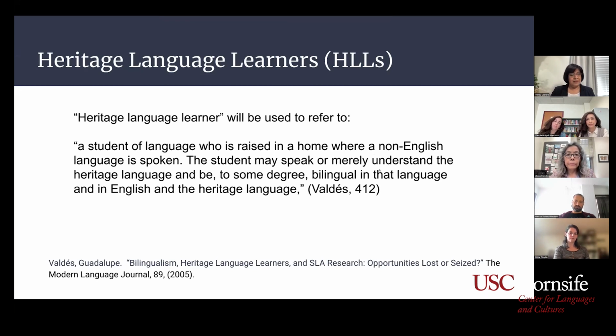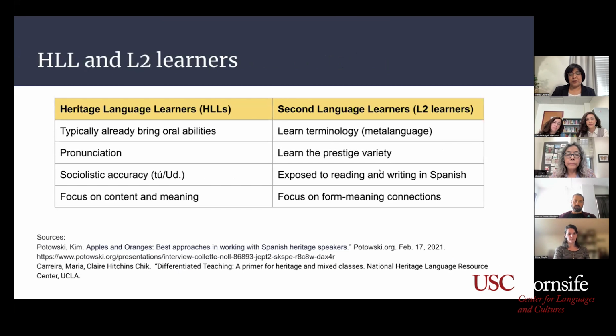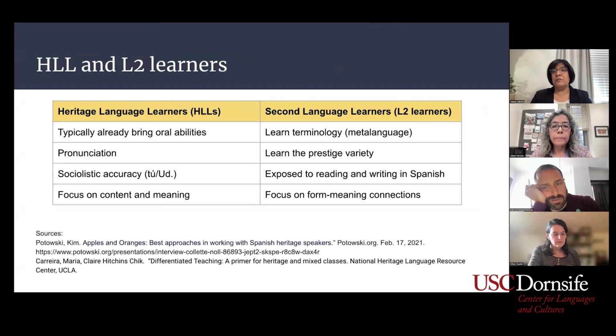The reality is that heritage language learners and second language learners exhibit distinct linguistic profiles. This chart on the screen highlights some key variations. In a language class setting, heritage language learners face what we may consider a disadvantage because of the way we usually teach languages.